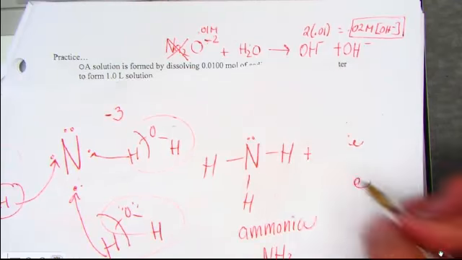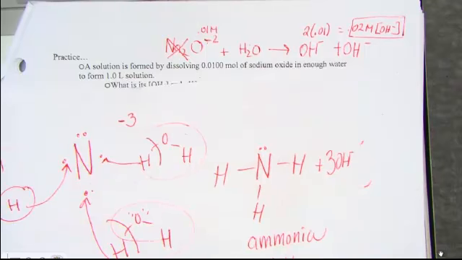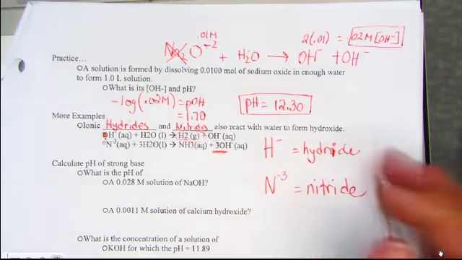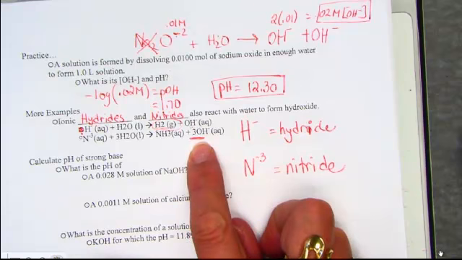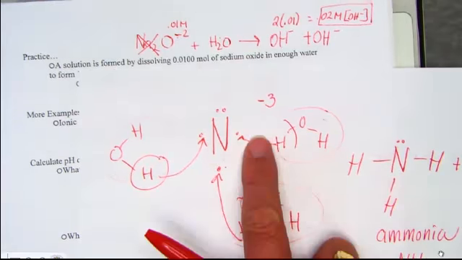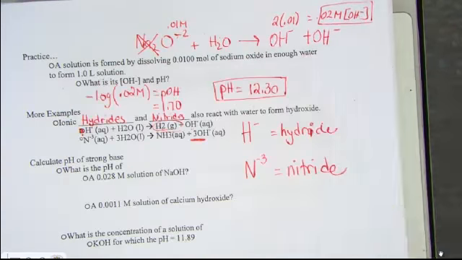We ended up producing 3 hydroxide ion concentrations. So with that example, keep in mind the stoichiometry there. Just as up above when we had to double the concentration for oxide, we'd have to triple it if we're using nitride before we calculate for pH. There's 3 open spots on the nitride ion. Each one of them is going to steal a proton, giving 3 base ions.